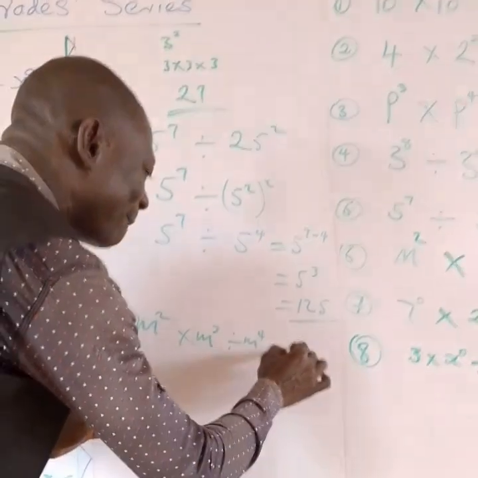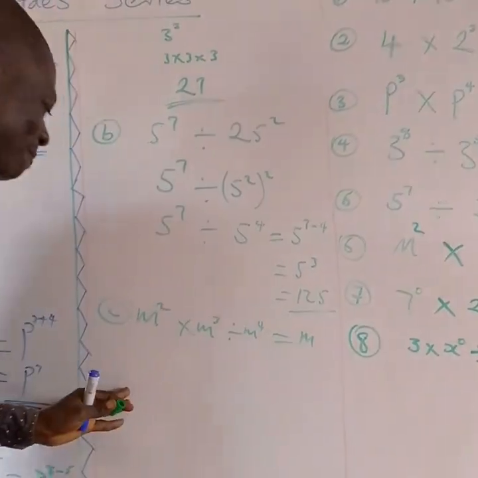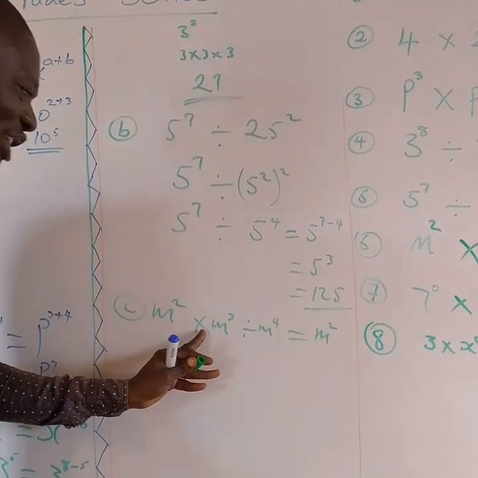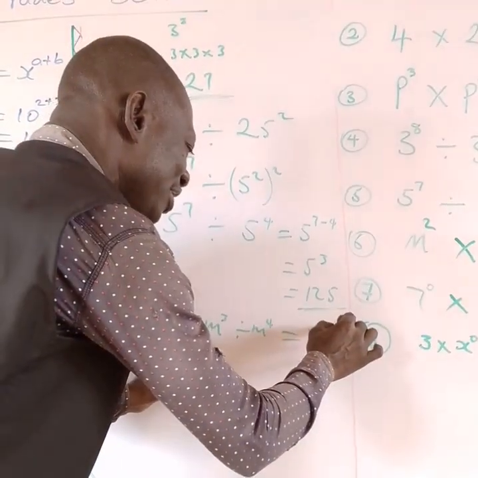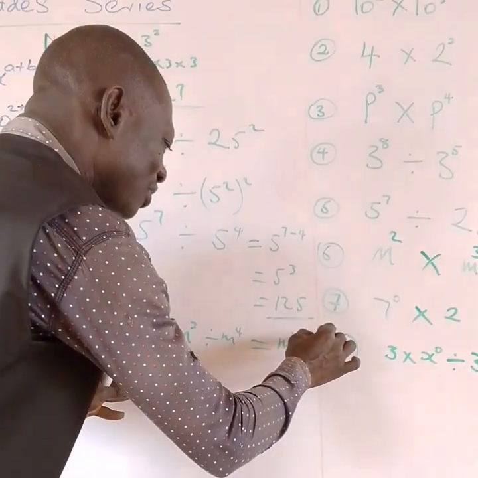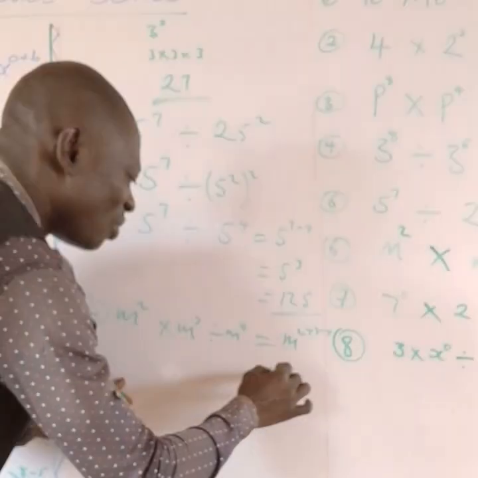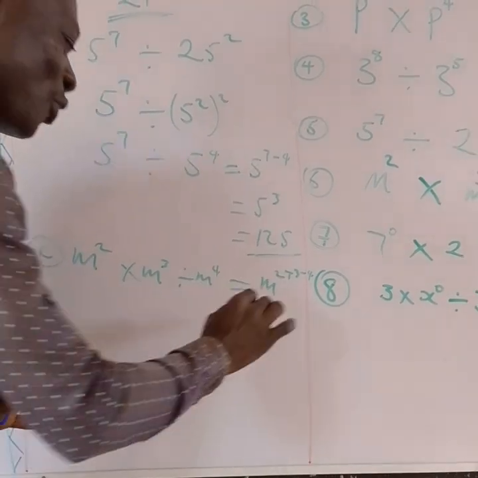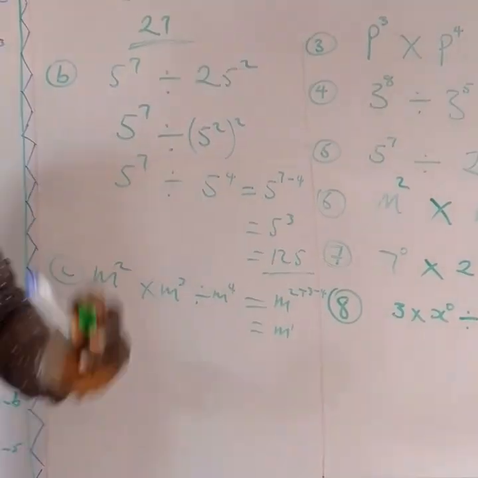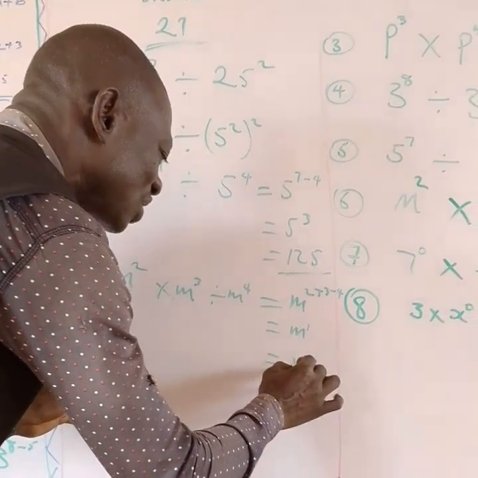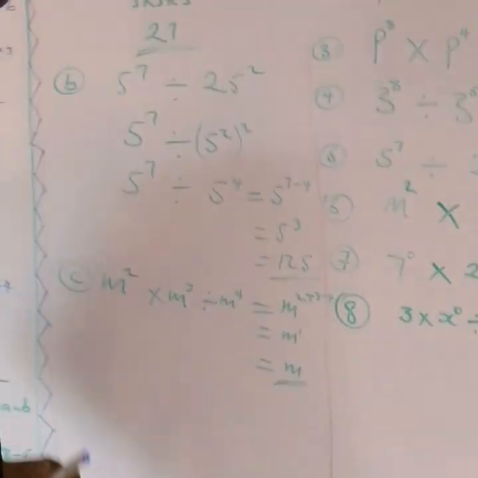So we pick one m. So we have 2, because of the multiplication sign, plus 3, because of the division sign, minus 4. And so what we get is m raised to the power 5 minus 4, which is 1. But every number is raised to the power 1, and so our answer to this question is m.